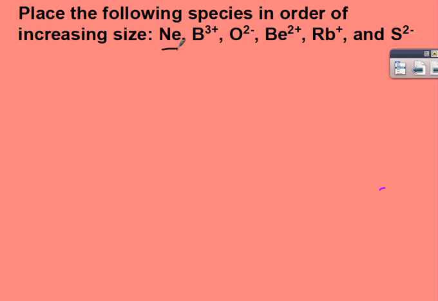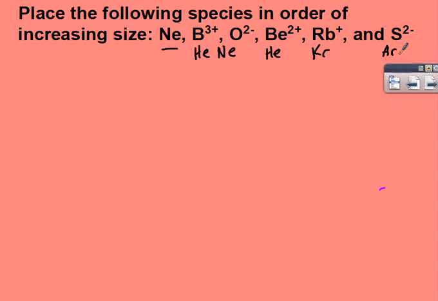Neon is obviously isoelectronic with itself. Be, our boron, is helium. Neon, helium, krypton, and argon. So the smallest, I have 2 heliums. The more positive it is, the smaller it's going to be.